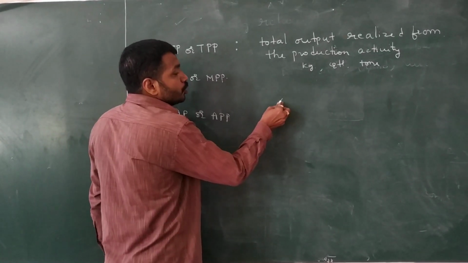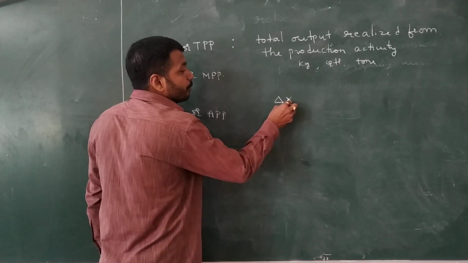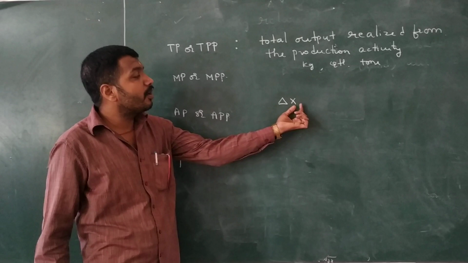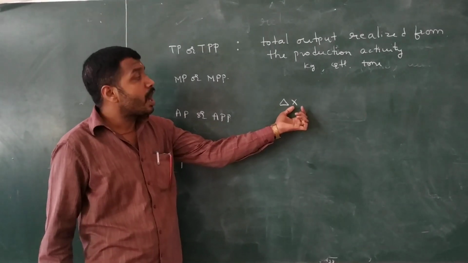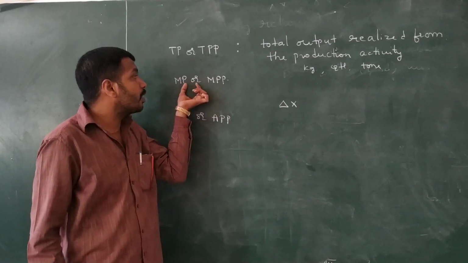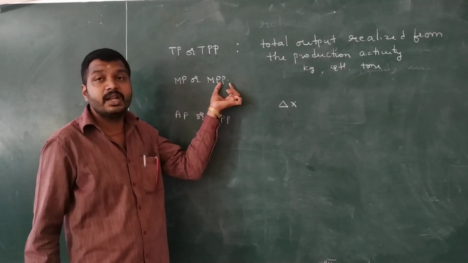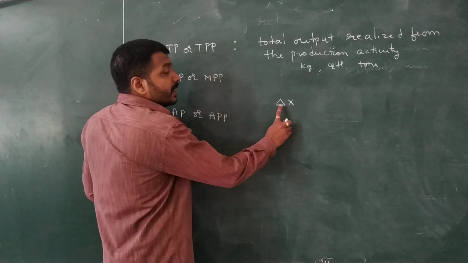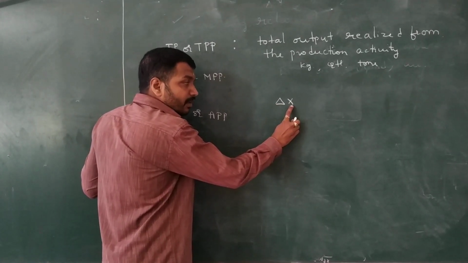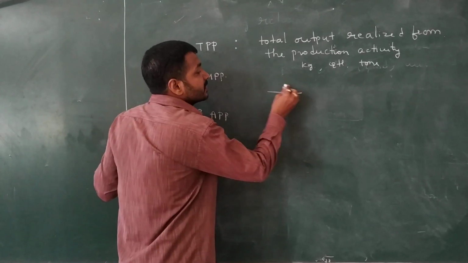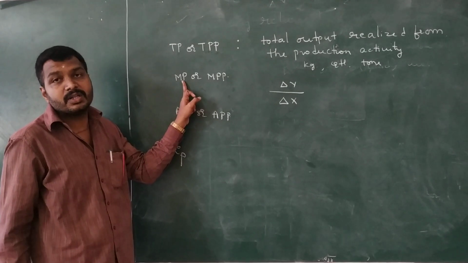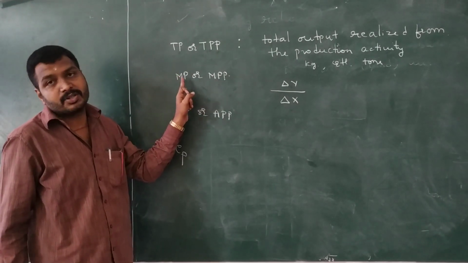Usually a farmer uses an additional unit of input. He wants to know, when an additional unit of input is used, how much additional output he can get. That we call marginal product or marginal physical product. That is, when an incremental level of input is used, the resulting incremental level of output we call marginal physical product or marginal product.